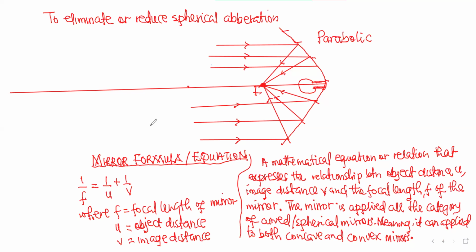Okay. So next week, we'll go through spherical mirrors and look at how this formula is obtained. How we obtained the formula 1 over F is equal to 1 over U plus 1 over V. I'm sure this equation is familiar to you.